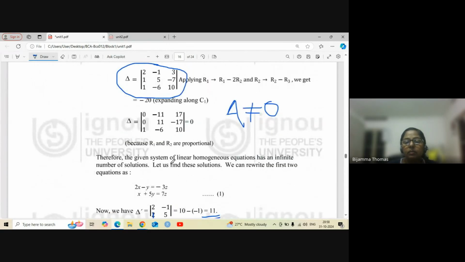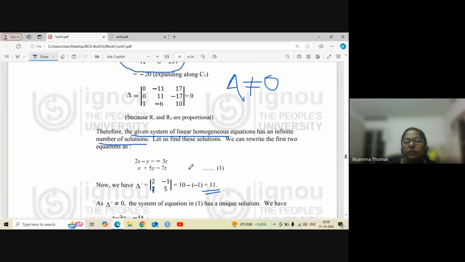The system of homogeneous equations has an infinite number of solutions. Write the conclusion: here delta equals 0, therefore the given system of linear homogeneous equations has an infinite number of solutions. Is it clear? Yes, ma'am.